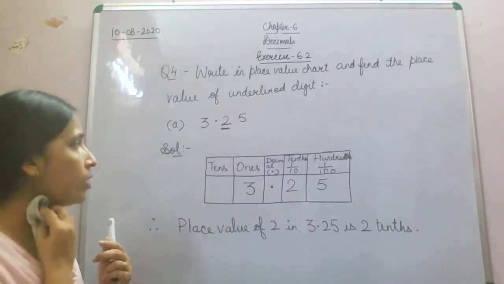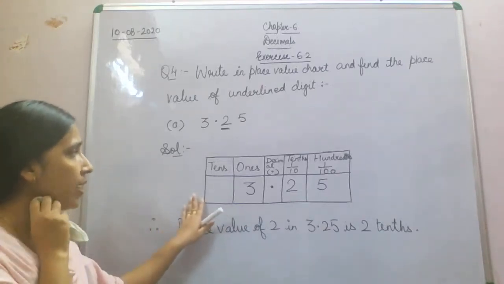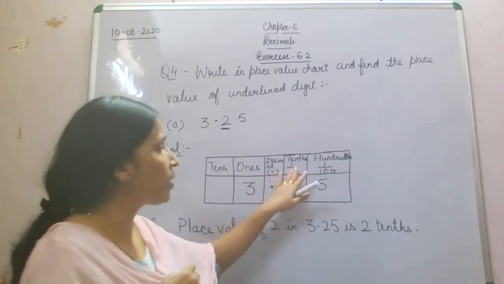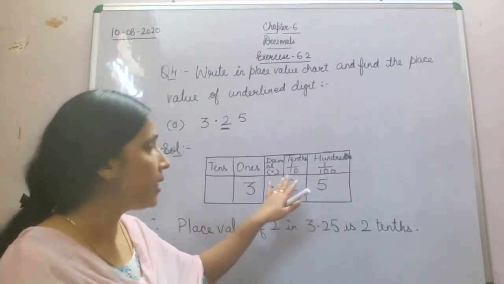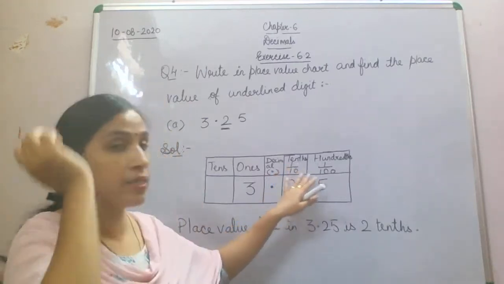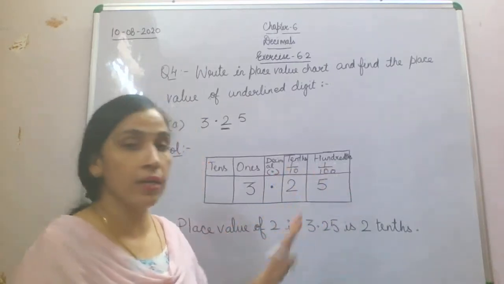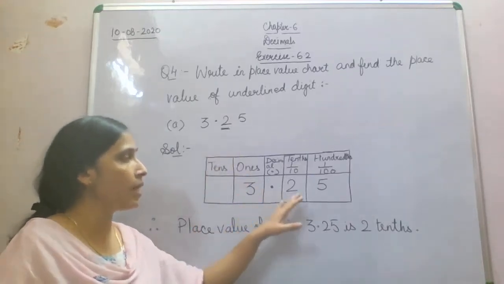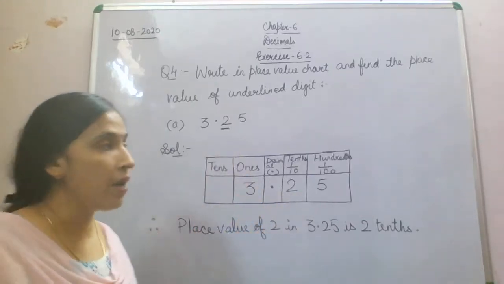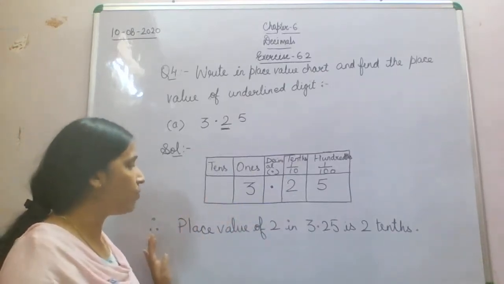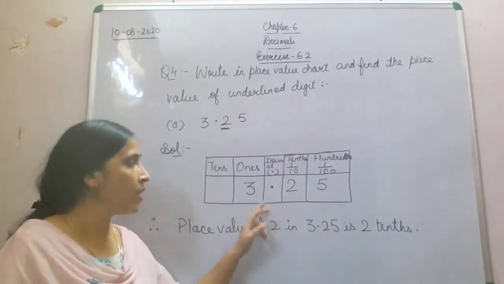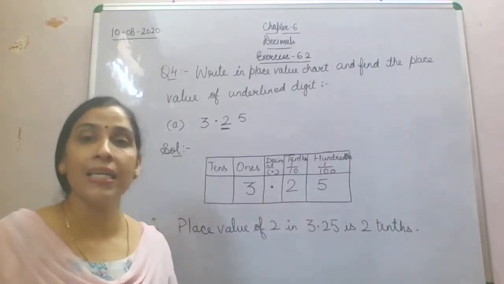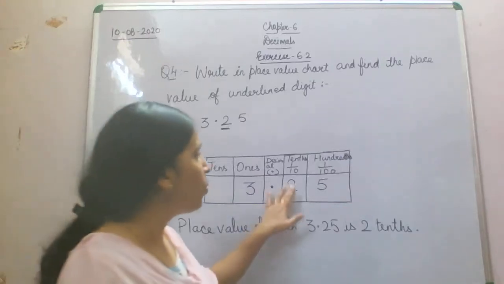So children, we will make this place value chart: ones, tens, then the decimal point, then tenths, then hundredths, 1 divided by 100. After that write the given number in that place value chart. After writing in the place value chart, the place value of 2 in 3.25 is 2 tenths.